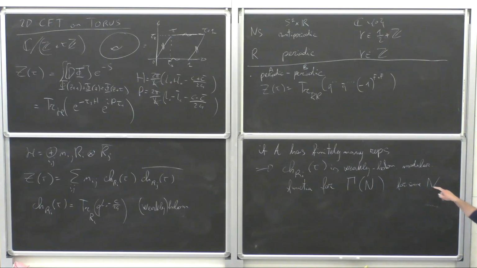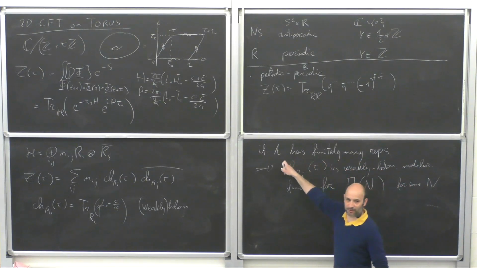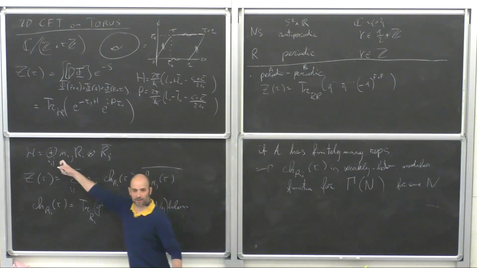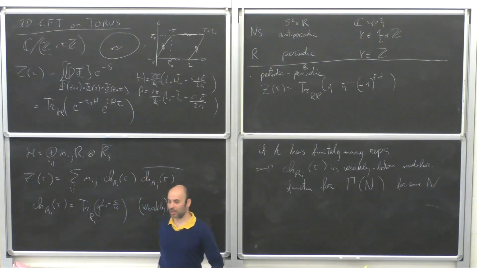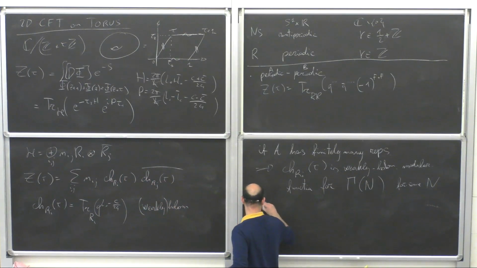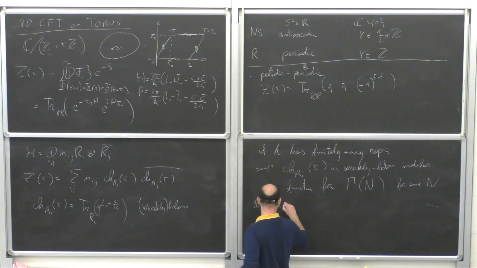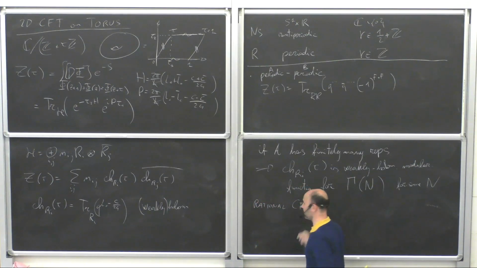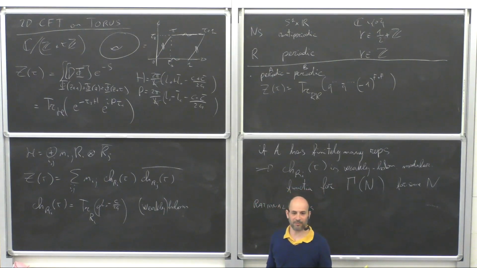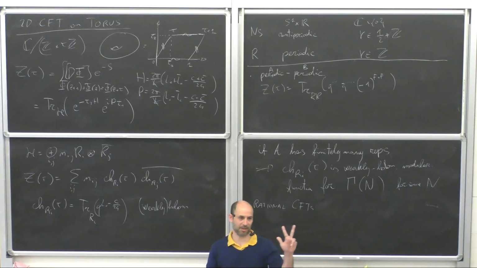So these theories where the chiral algebra has finitely many representations, which means you have a finite sum, are called rational conformal field theories. As an example, the Ising model, Virasoro algebra with central charge 1/2, has 3 representations, so we have a rational CFT.